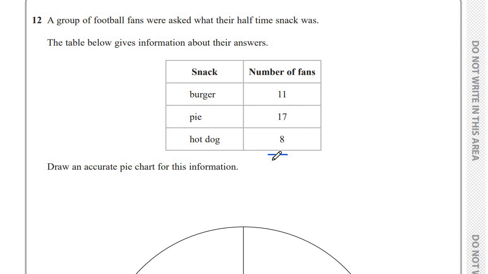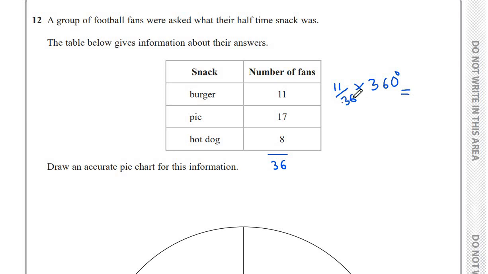So if we add these up, 11 plus 17 plus 8 is 36. So out of 36, there are 11 people who had a burger. So the angle for burger will be 11 divided by 36 times 360 degrees, because 360 degrees is the total angle.